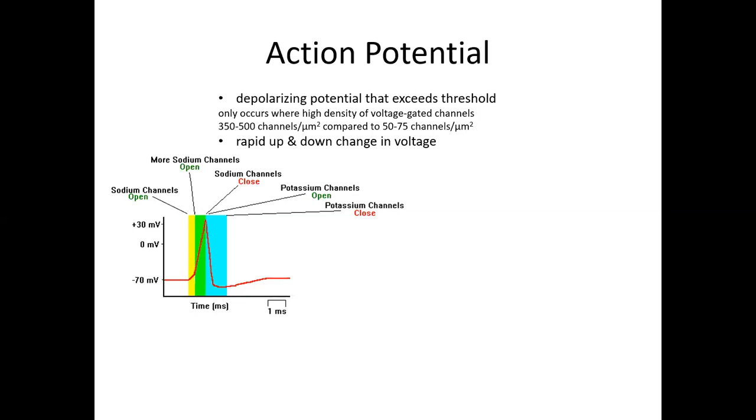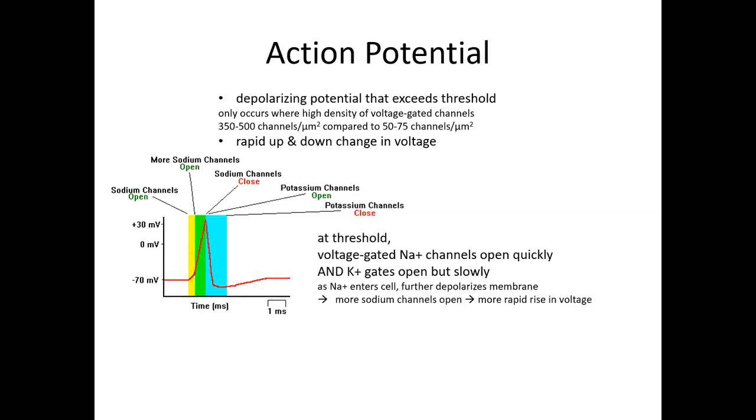When the action potential occurs, we're going to have a rapid upward, or positive, change in voltage followed by an even more rapid downward change in voltage. So at threshold, those sodium channels are opening really quickly and massive amounts of sodium are rushing into the cell. I want to point out that at the same time, the potassium channels are actually opening, but they are very slow to open.